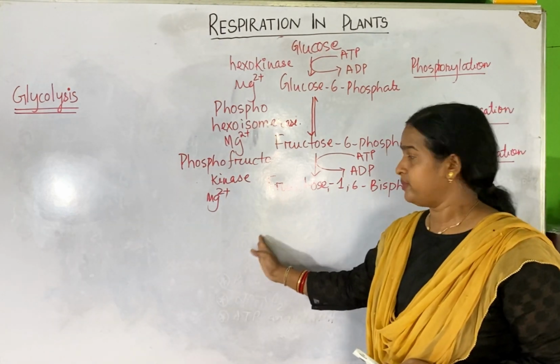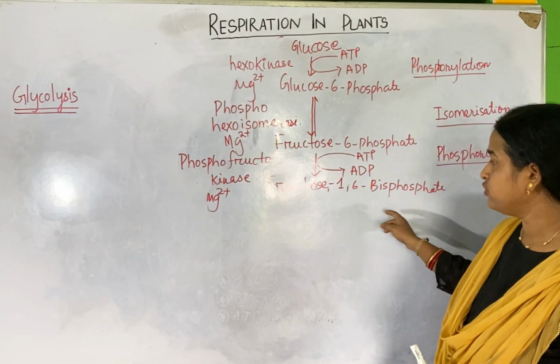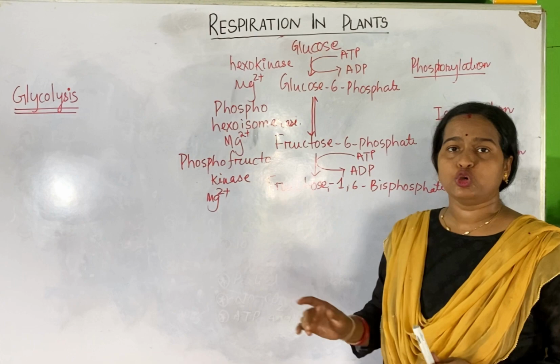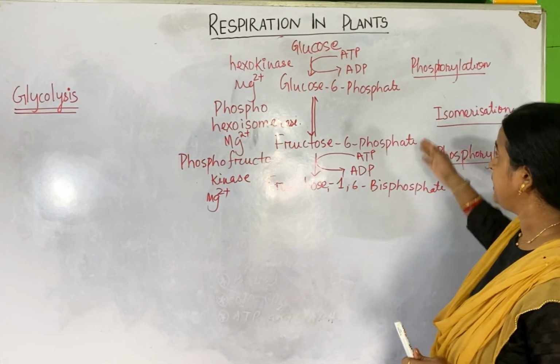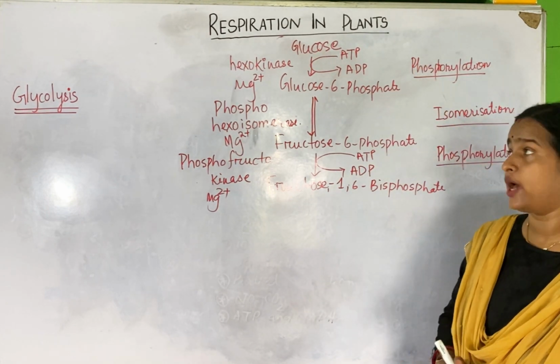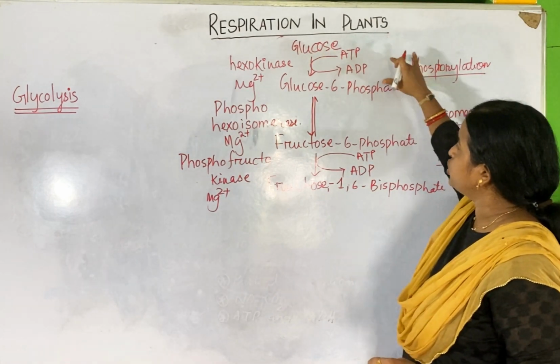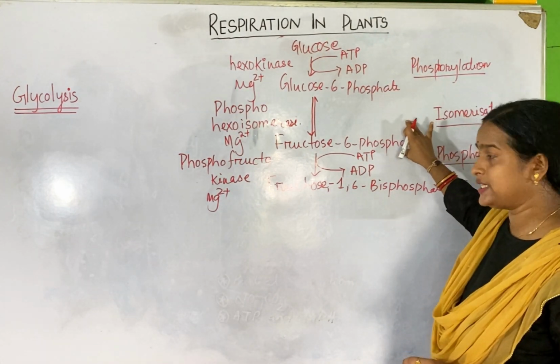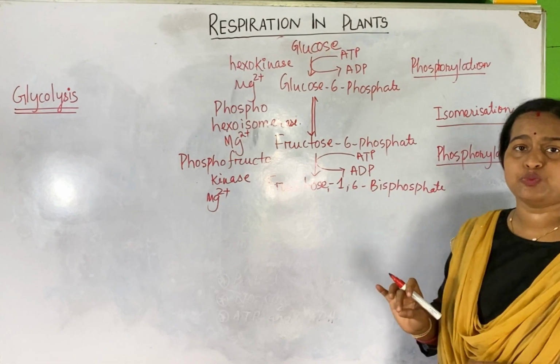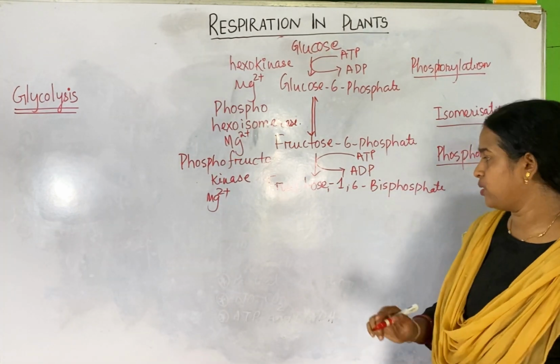Now the next step will be the breaking down of the fructose 1,6-bisphosphate molecule. Till now all are 6-carbon compounds: glucose 6-phosphate, fructose 6-phosphate and fructose 1,6-bisphosphate.